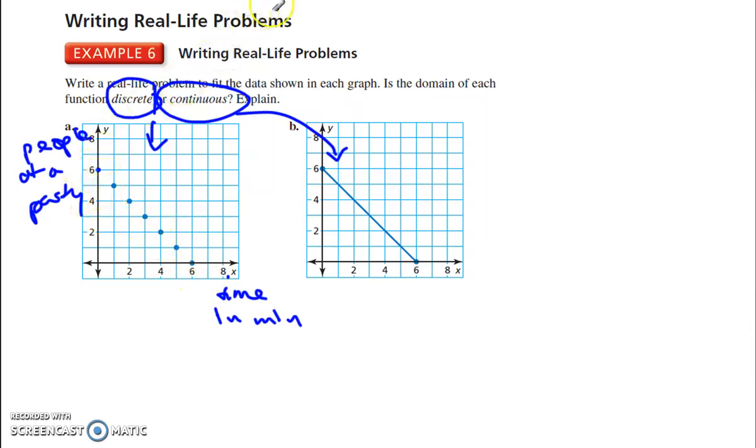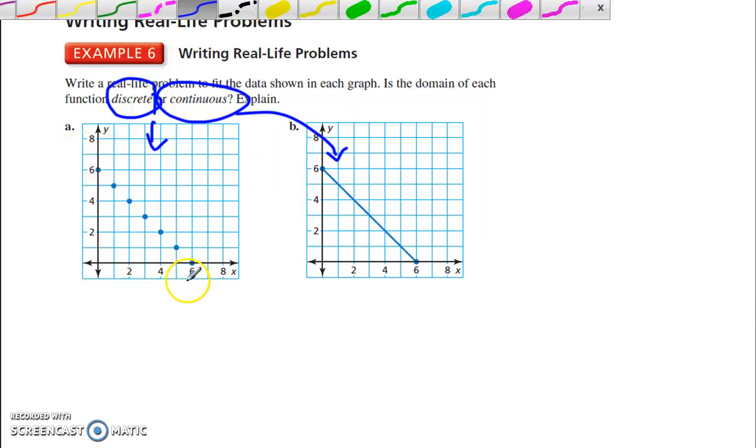For example, or you could say we have coins. If you have 6 coins, and every day you give a coin away, you can't chop that coin in half, or you probably wouldn't. Half a coin doesn't make much sense, so you give 1 coin away every day. After 6 days, you have no more coins.